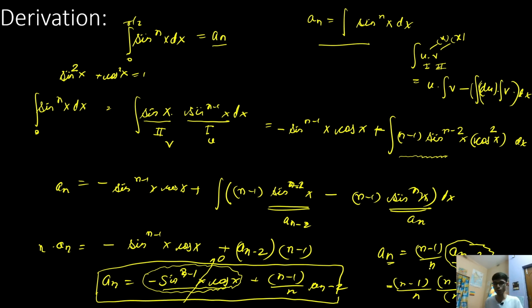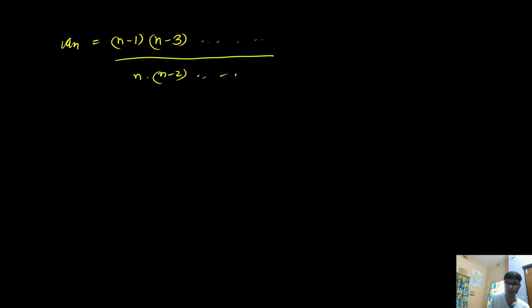So if I go on and write this relation as a recurrence, what we end up getting as a result is some product divided by n into n minus 2 and some product, and up to how much should we proceed?